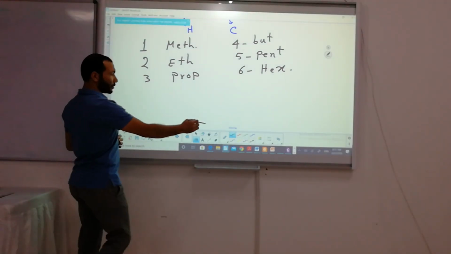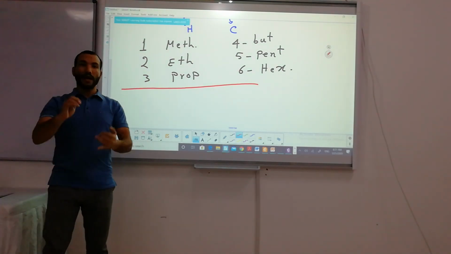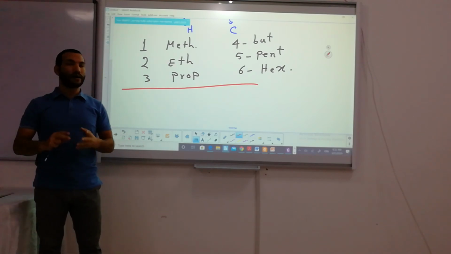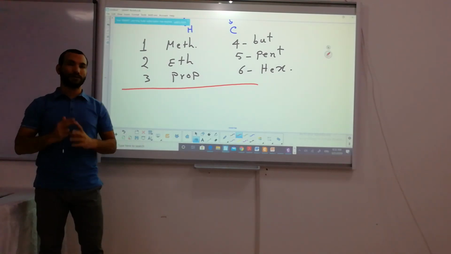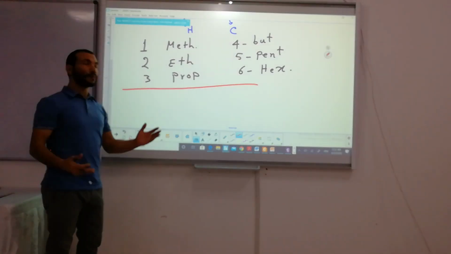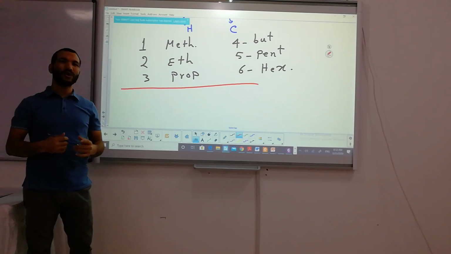In the hydrocarbons, we have some points. The first point: how to write the name of the hydrocarbon. Of course, if you need to write the name of the hydrocarbon, you must take care about the chain. What is the meaning of the chain?